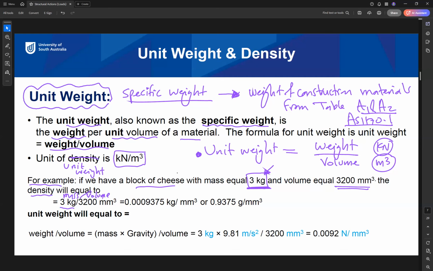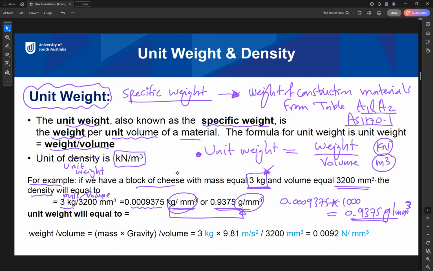This gives us the value 0.009375 kilogram per millimeter cubed, or 0.9375 gram per millimeter cubed. So how do we convert from this one to this one quickly? We have 0.009375 times 1000, so it becomes 0.9375 gram per millimeter cubed. To convert from kilogram to gram, we multiply by 1000.